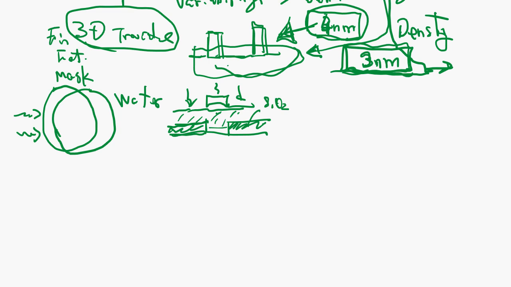And you etch away, so you get the silicon oxide that acts as a blocking for diffusion.